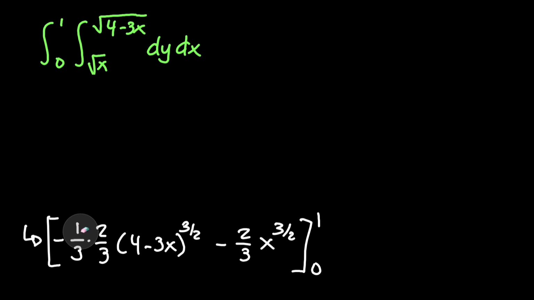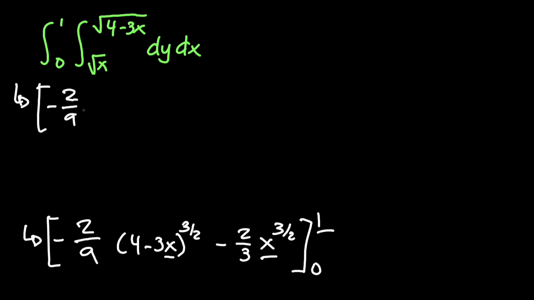Now, negative 1/3 multiplied by 2/3, you will have negative 2/9. And so first, substitute 1 into this x value. So you will have negative 2/9 multiplied by 4 minus 3, 3 times 1 is simply 3, minus 2/3, x here is 1 raised to the power of 3/2.